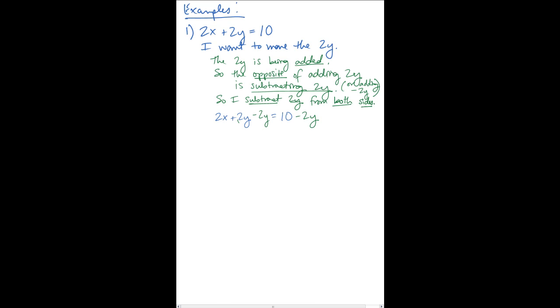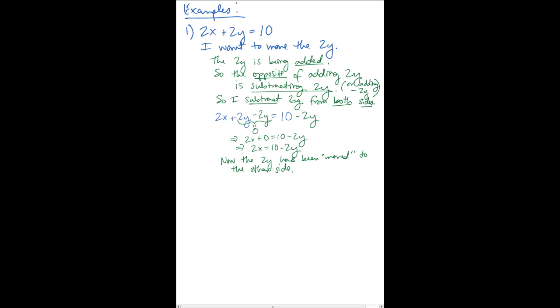Well, 2y minus 2y is equal to 0, so I get 2x plus 0 equals 10 minus 2y, which is of course just the same thing as 2x equals 10 minus 2y. So we can see in a sense that now the 2y is on the other side. You could say in a sense it has been moved to the other side.